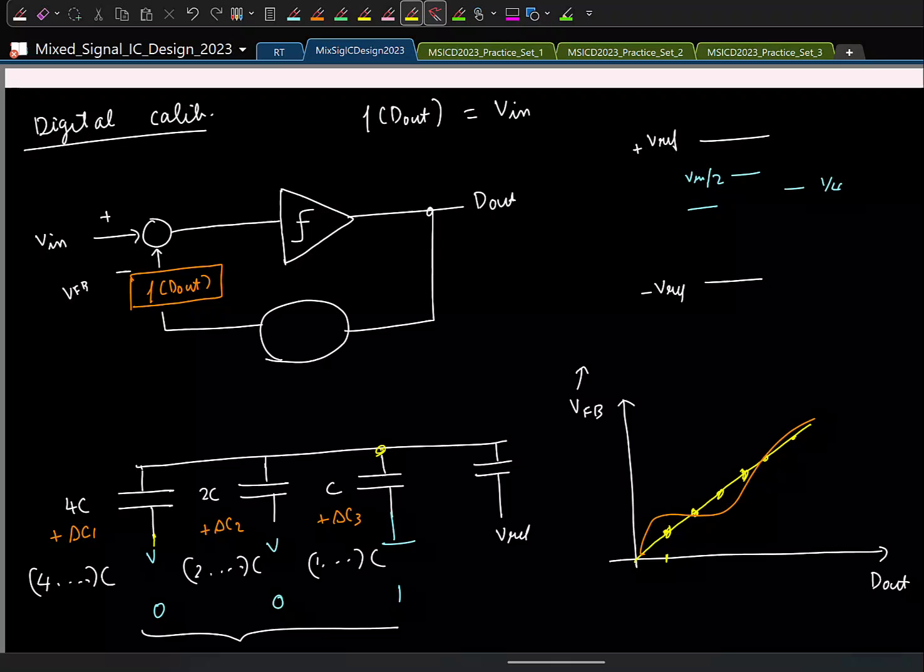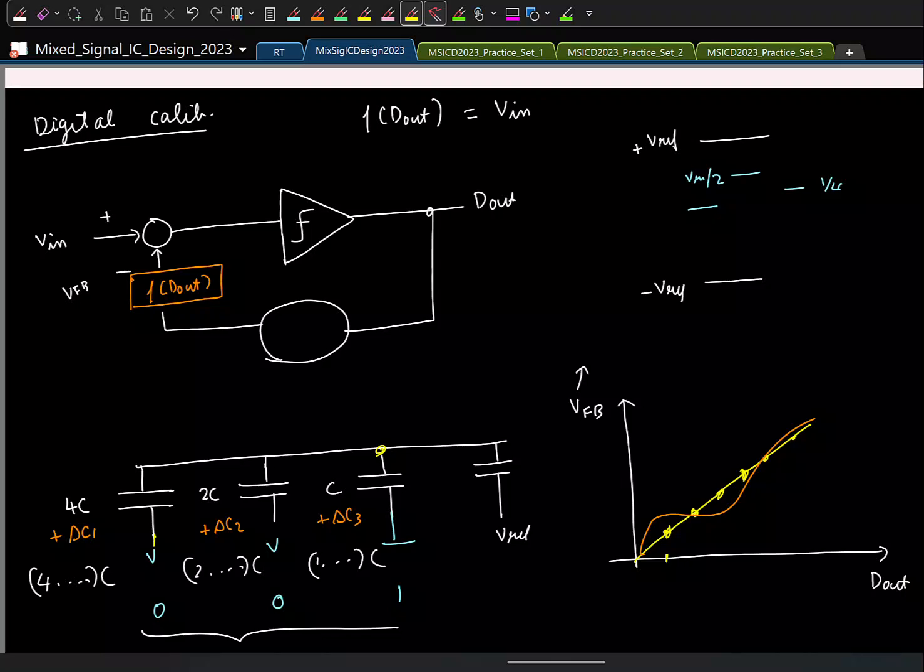So this is how we'll have to do, and of course it's much easier to say than to implement, but it is doable. So bottom line, this capacitor mismatch will introduce severe nonlinearity, and if you want to realize higher resolution, you'll have to tackle this capacitor mismatch, which usually is done in the digital domain, right?